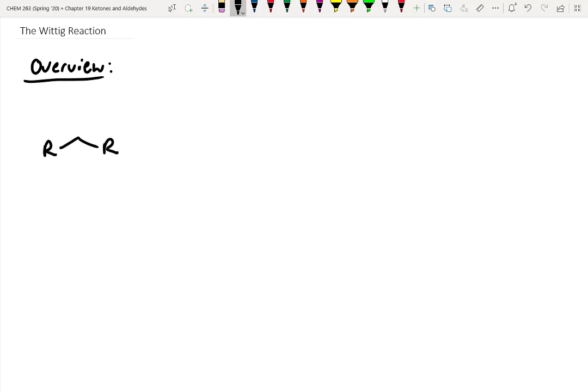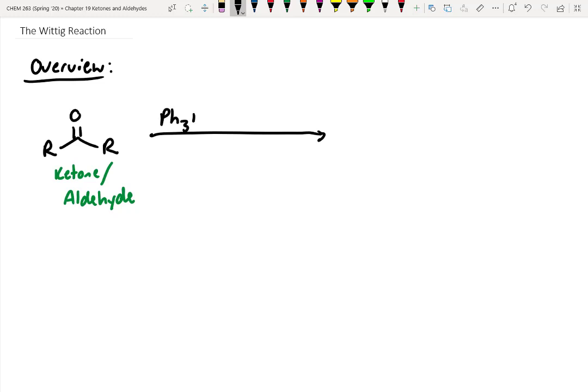So the reaction that I'm showing will work with either a ketone or an aldehyde. Doesn't really matter. Either one will work. And the reagent that we'll be using is called an ylide. And I'm just going to put one hydrogen and one R group on there.